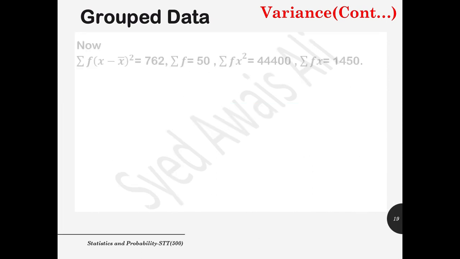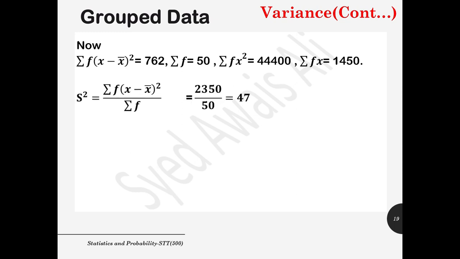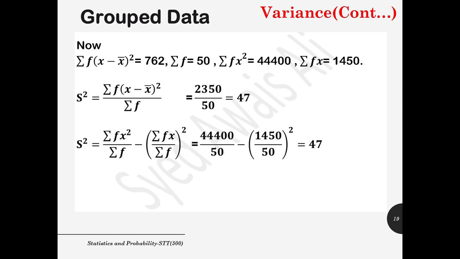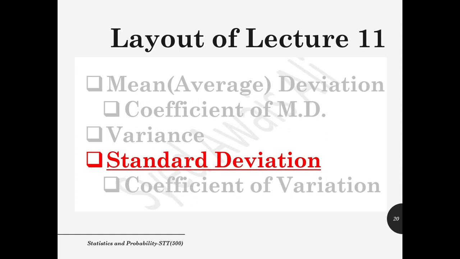So now we have all the values of sum, and again we have to put all values in our formula, and you will find your s square for group data. So in the next slide we have to discuss standard deviation.